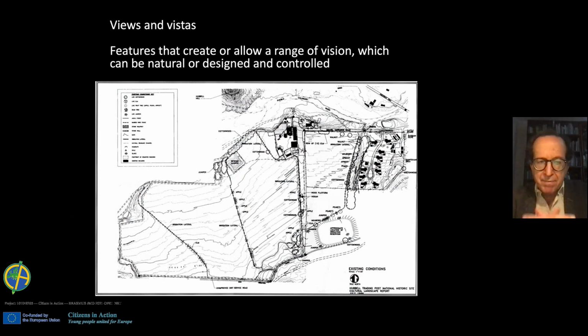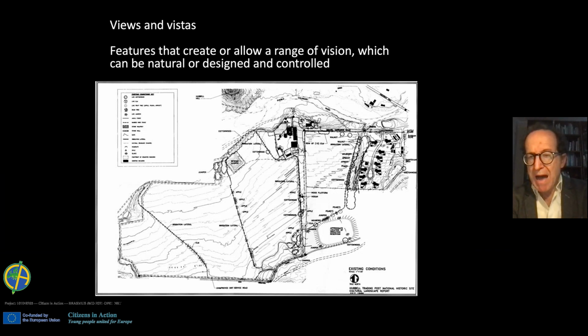And then again, a map, which is describing the control. You see, this is a map, existing conditions of a landscape, which is described according to views and vistas, which means features, elements that allow to create a range of vision that can be natural, designed, or controlled.